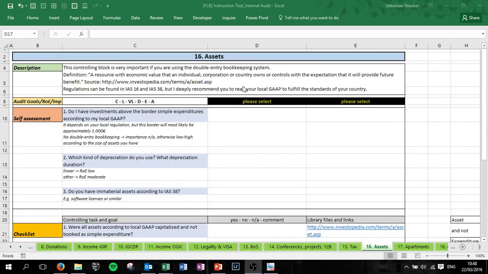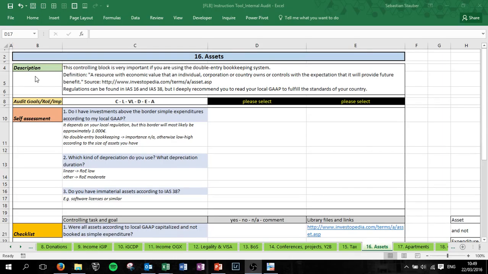So when you are in this worksheet here, first of all you have a description of what an asset actually is. Most likely it is not applicable in your entity, but if it is, check out if you have something like that. The definition is: a resource with economic value that an individual, corporation or country, so you as an AIESEC entity, owns or controls with the expectation that it will provide future benefit.